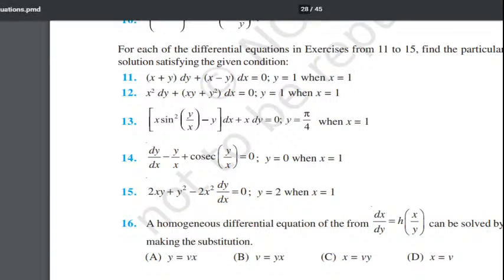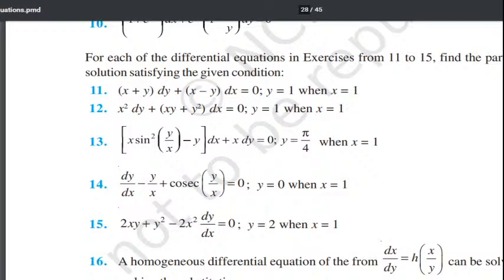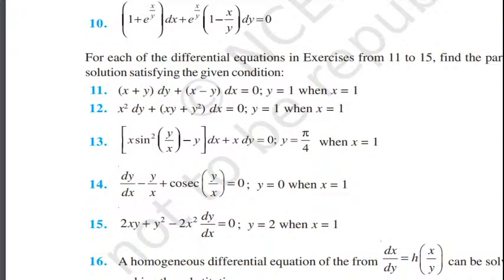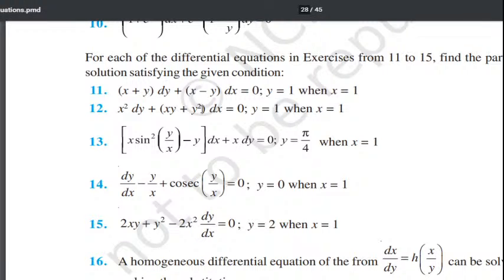As you can see, students, in your textbooks, the question is that for each of the Nutan, can you read this statement? Yes, sir. For each of the differential equation in exercise from 11 to 15, find the particular solution satisfying the given condition. Yes.